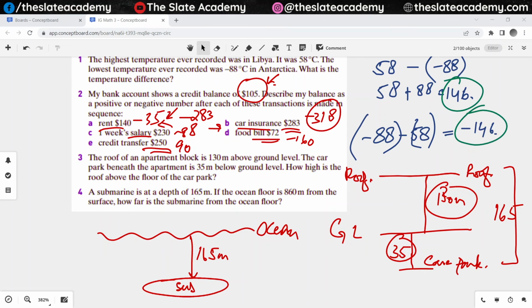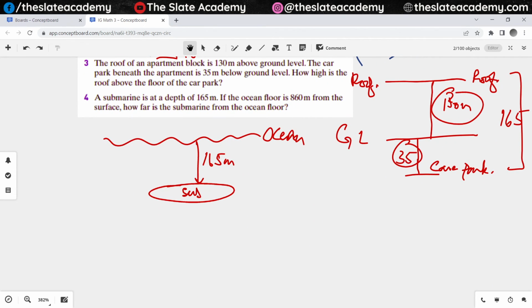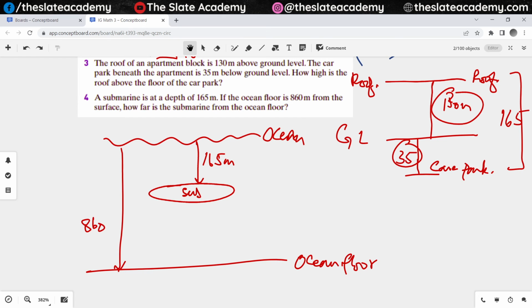The ocean floor is 860 meters from the surface. So from the surface, this is the ocean floor, and it is 860 meters below. So this distance is 860 meters.